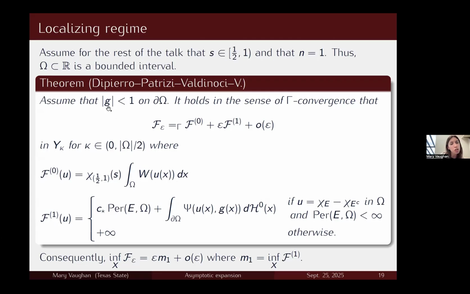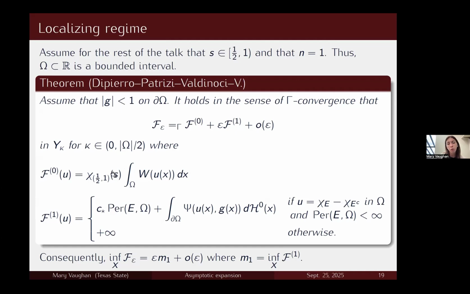So we assume that G in absolute value is strictly less than 1 on the boundary. And we prove, as I said, a first order asymptotic expansion in the sense of gamma convergence in this constrained class, which I will mention in a little bit because once I give a little more context, it will make more sense.